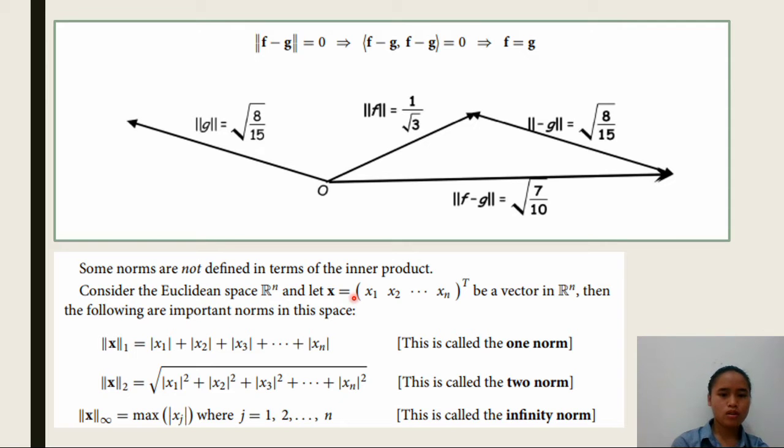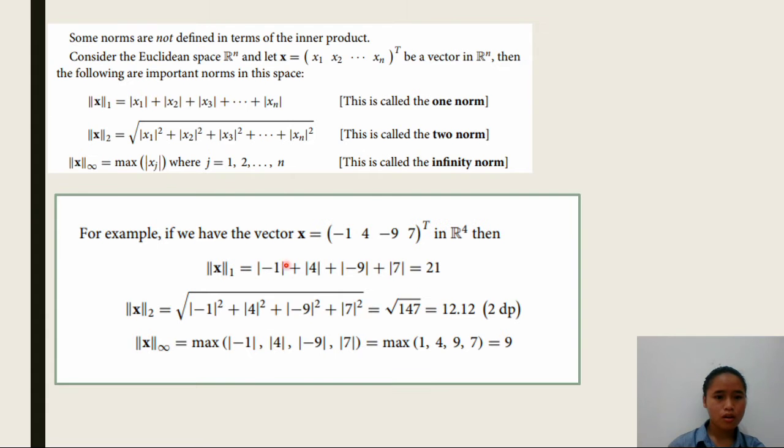The following are important norms in this space: the 1 norm, the 2 norm, and the infinity norm. For example, we have a vector (-1, 4, -9, 7) transpose. So this is the 1 norm, this is the 2 norm, and this is the infinity norm.